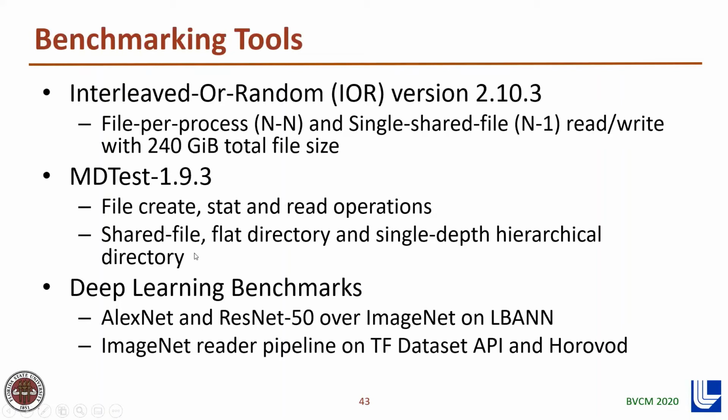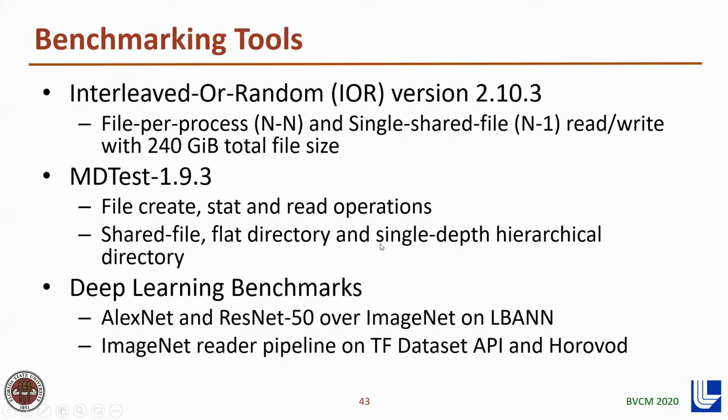And for the workload, we had 3 types of hierarchical directory structures. Firstly, we tried a shared file directory structure, where we had only 1 file in a single directory. Then we had a flat directory structure, where we had 0.4 million files in a single directory.